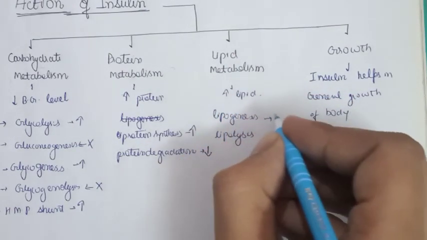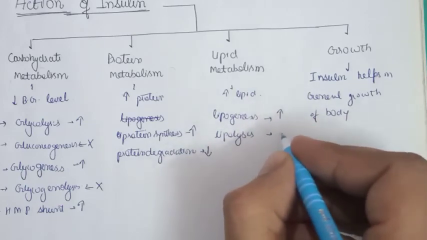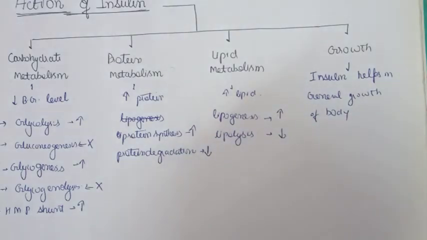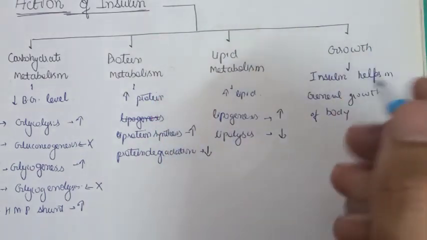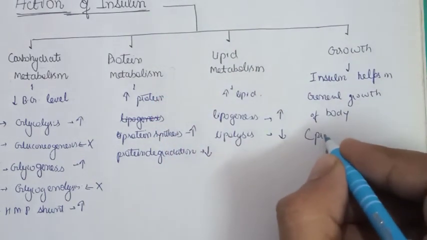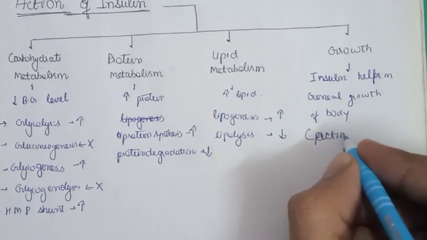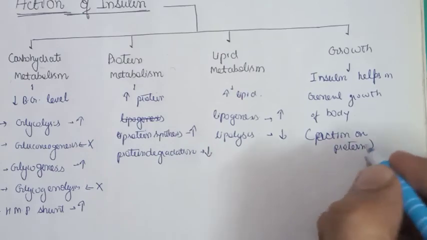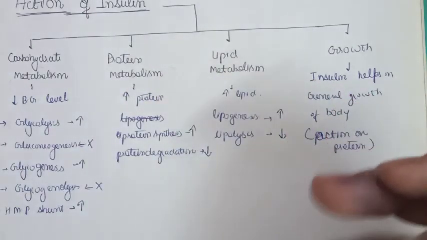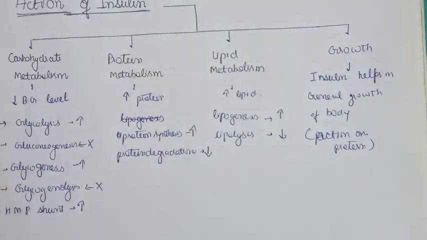So it will promote lipogenesis and inhibit or decrease lipolysis. So this was the action of insulin in various metabolic pathways and the growth. Growth is mediated by the action on protein, as it helps in the formation of protein. So this will indirectly help in the growth of the body.